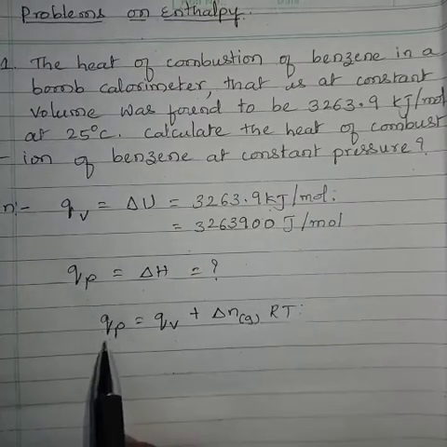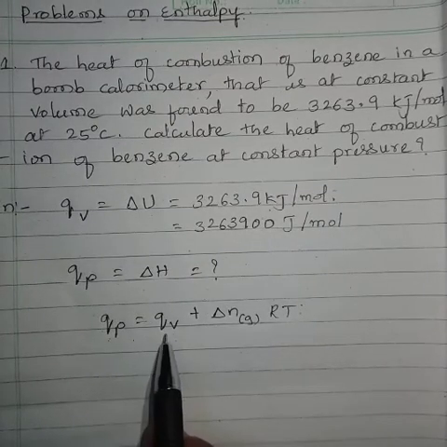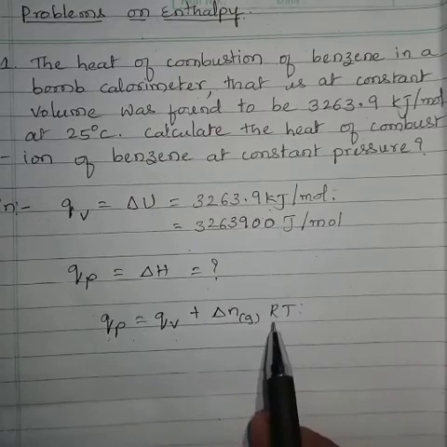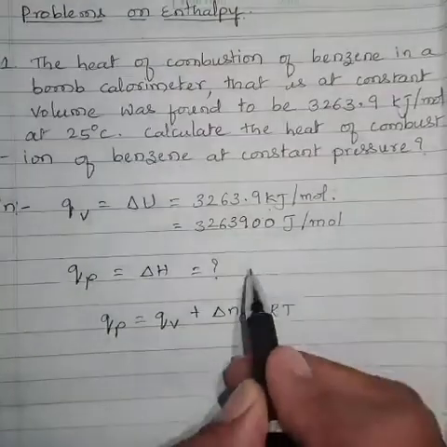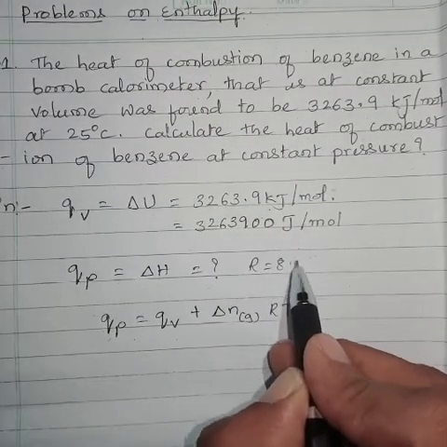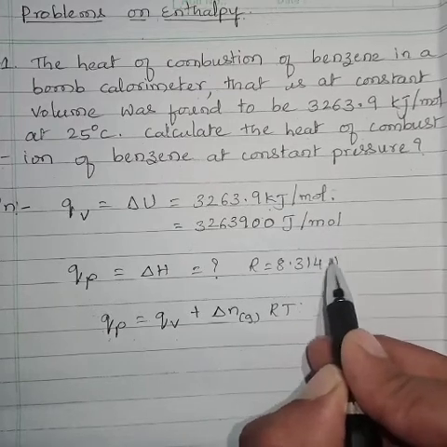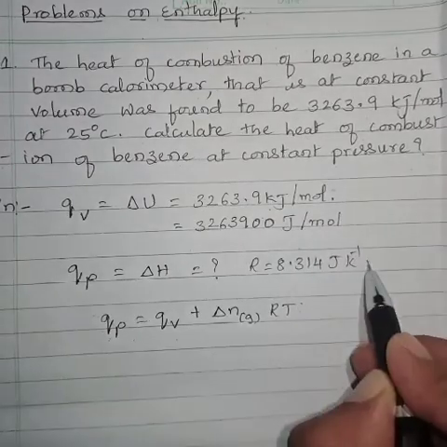QV value is given, R is a constant value, and it is equal to 8.314 joules per Kelvin per mole.